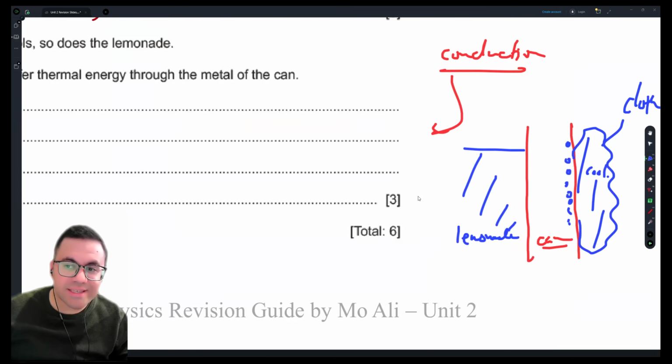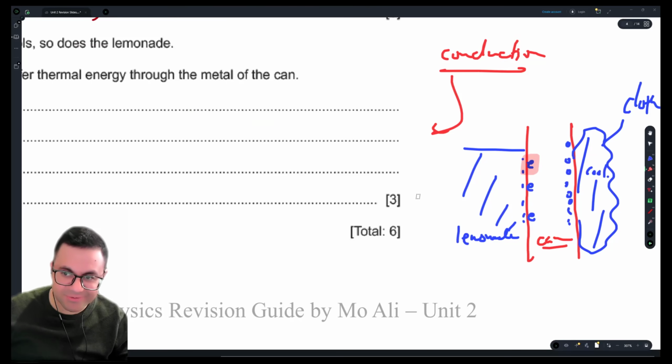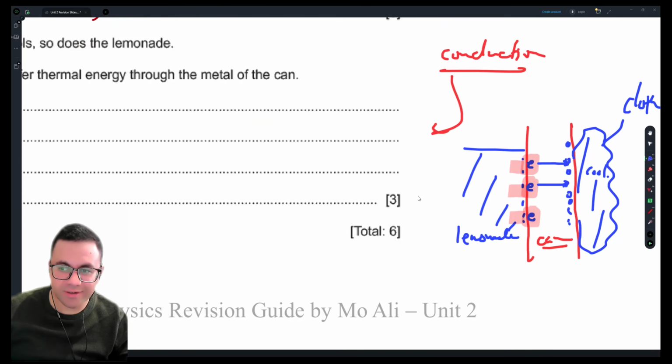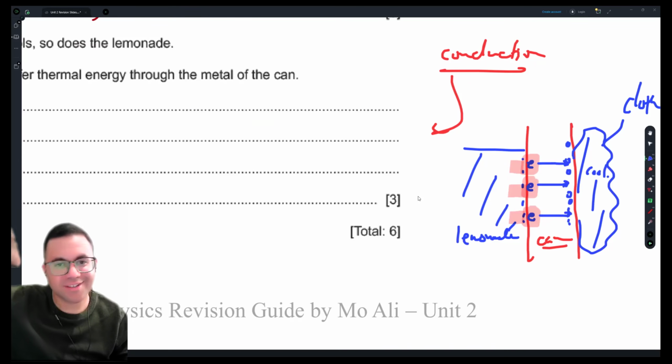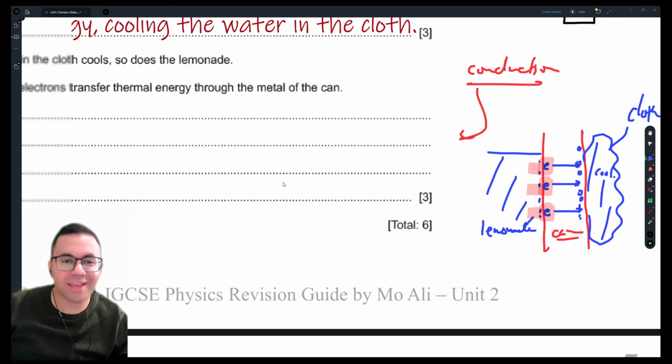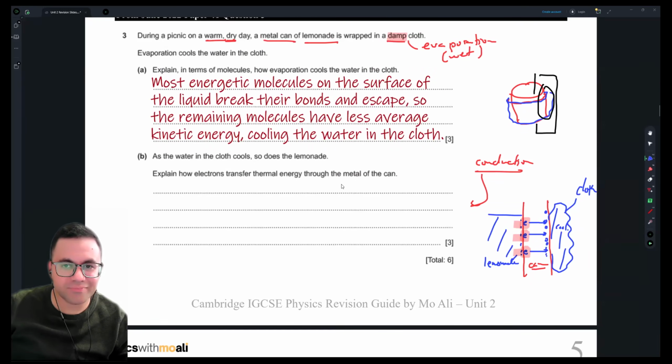This causes electrons on the lemonade side to absorb heat from the lemonade, and they move through the body of the can to where the cloth is. And that transfers heat to the outside of the can. This is how the can cools down.